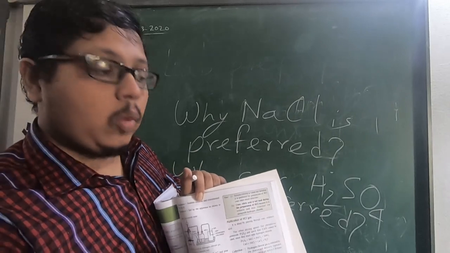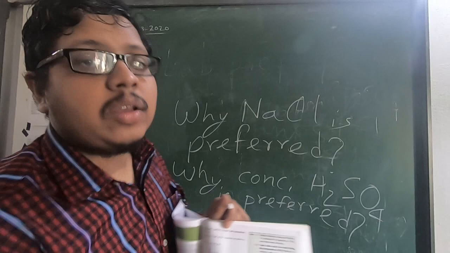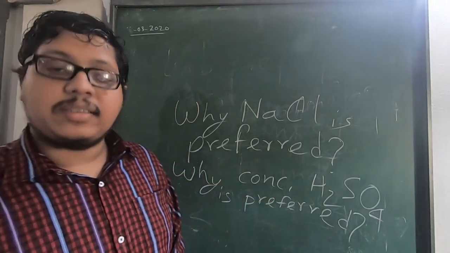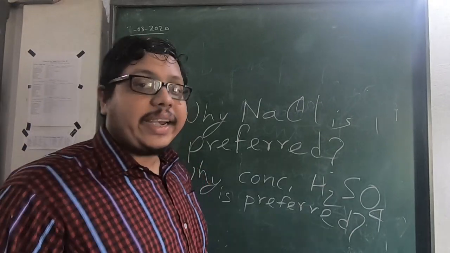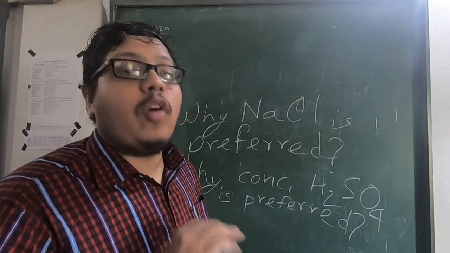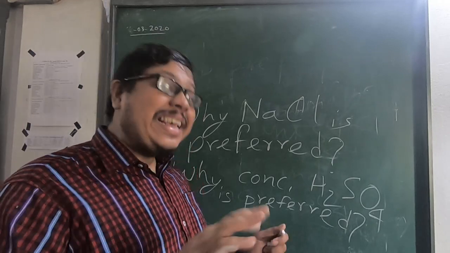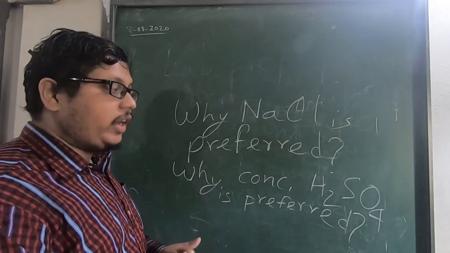Why not say nitric acid? Why not concentrated nitric acid? Well, the answer is that concentrated sulfuric acid is non-volatile or least volatile. What does the word non-volatile or least volatile mean?